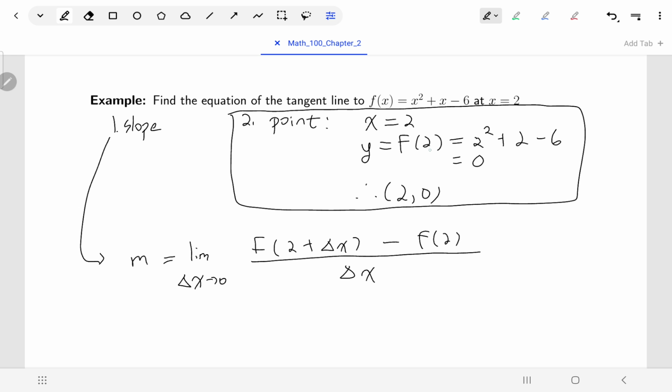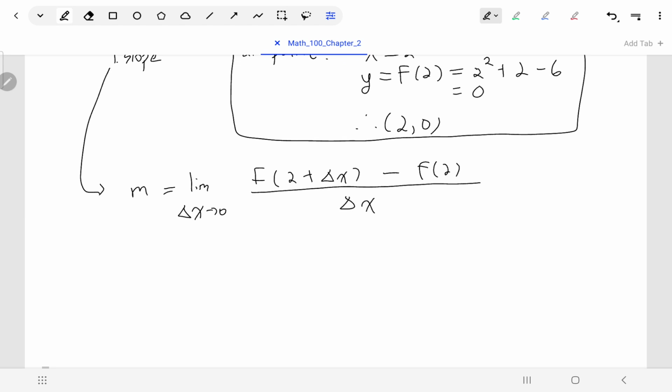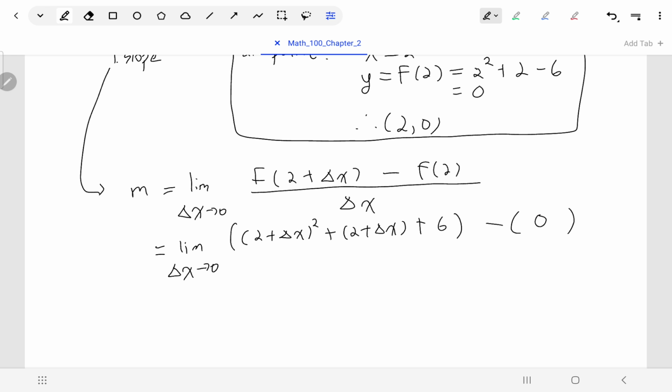To find f of 2, we just put 2 into our original function, replaced all of the x's with 2's, and cleaned things up, and we wound up with a value of 0. When I'm finding f of 2 plus delta x, I'll do the same sort of idea. I'll replace all the x's in the original function with 2 plus delta x. So I'll have 2 plus delta x squared plus 2 plus delta x minus 6. All of that is f of 2 plus delta x. F of 2, we figured out earlier, was just 0.